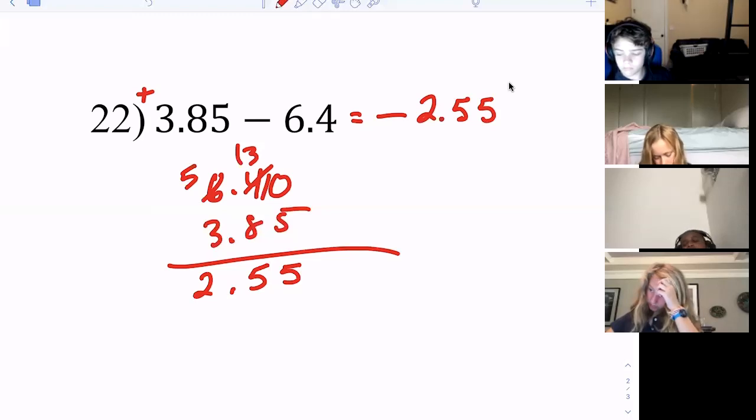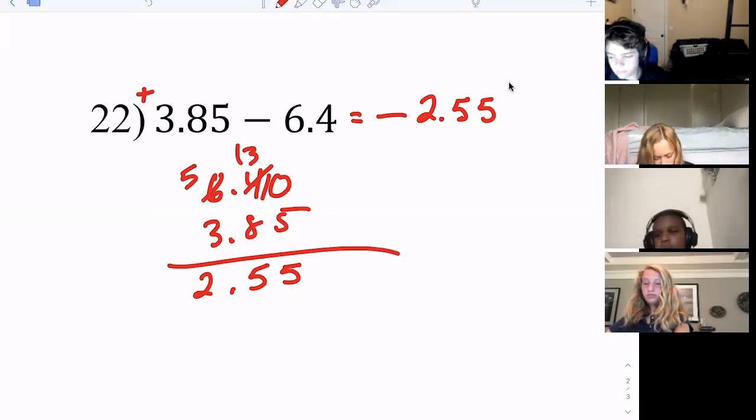But if your answer is different than mine, just stop thinking about yours, follow mine, and see where you made your mistake. That's what I'm trying to encourage everybody to do. First, identify if you have to add or subtract. Then you should decide whether or not the answer is positive or negative. And remember, subtraction, put the big number on top, the small number on the bottom.